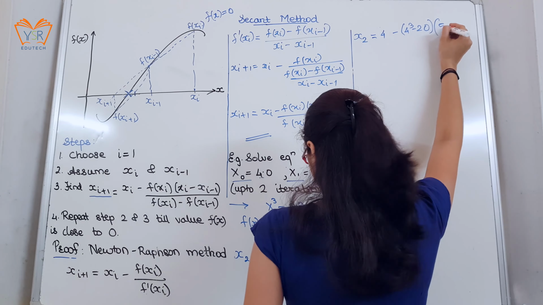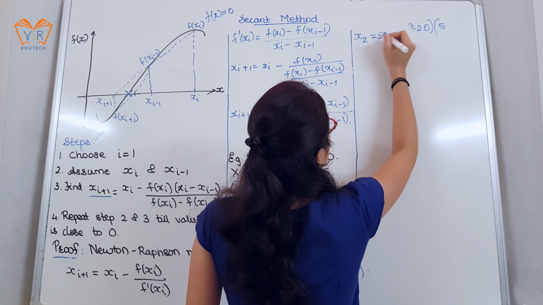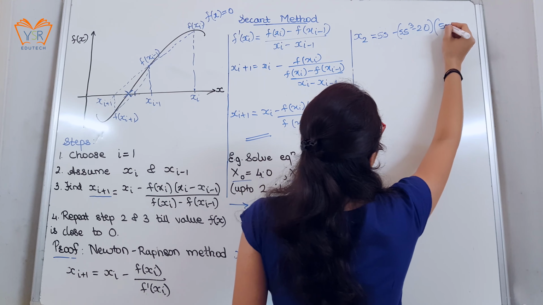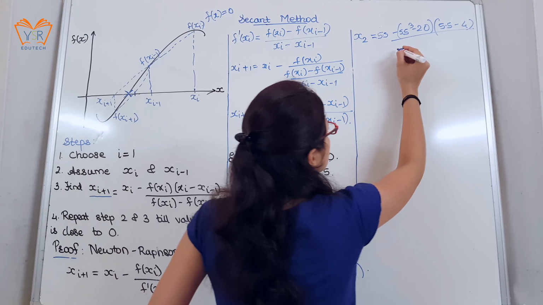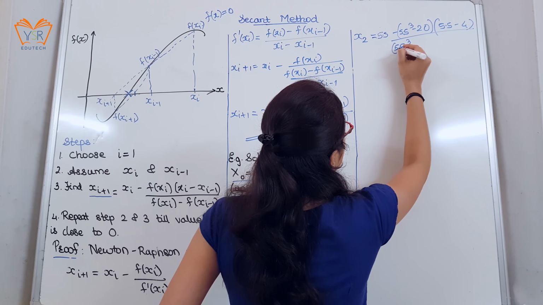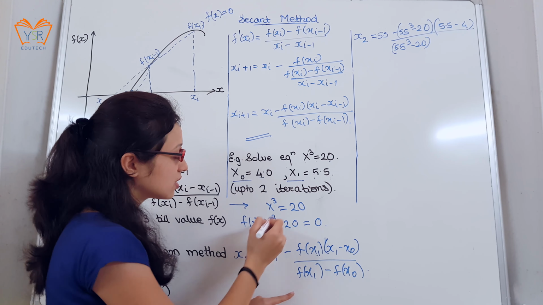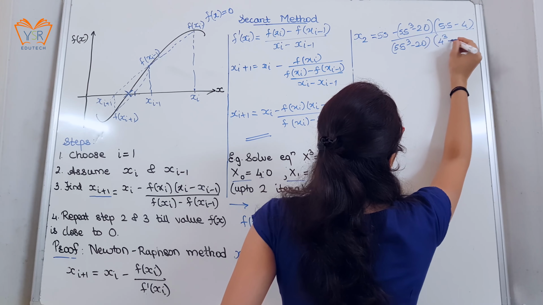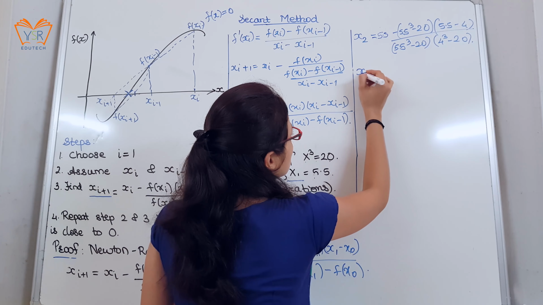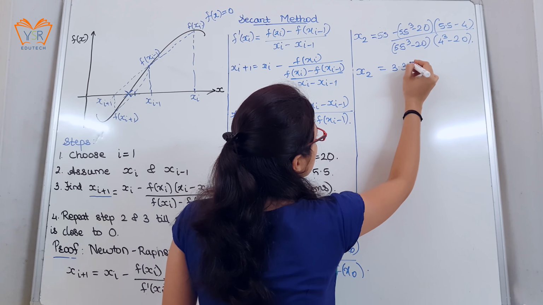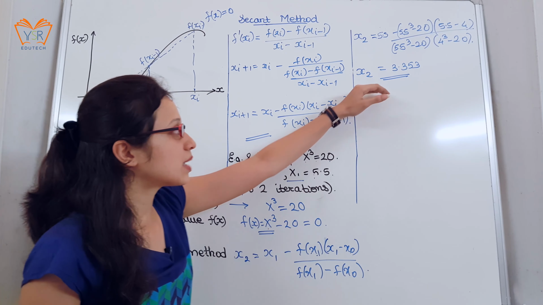So it is 5.5 minus 4 divided by f of x1, again the same thing here, minus f of x0. x0 is 4, substitute here, we get 4 cube minus 20. Now, if you solve this equation, value of x2 will be 3.353. So, this is the first iteration, that is the first approximate root.